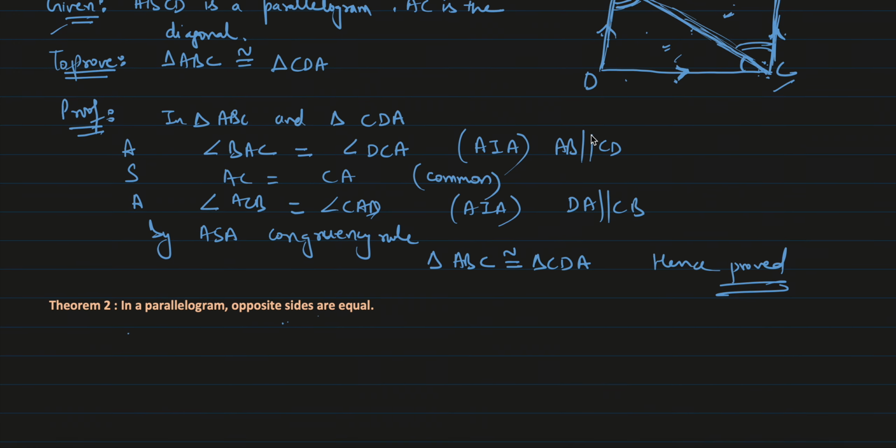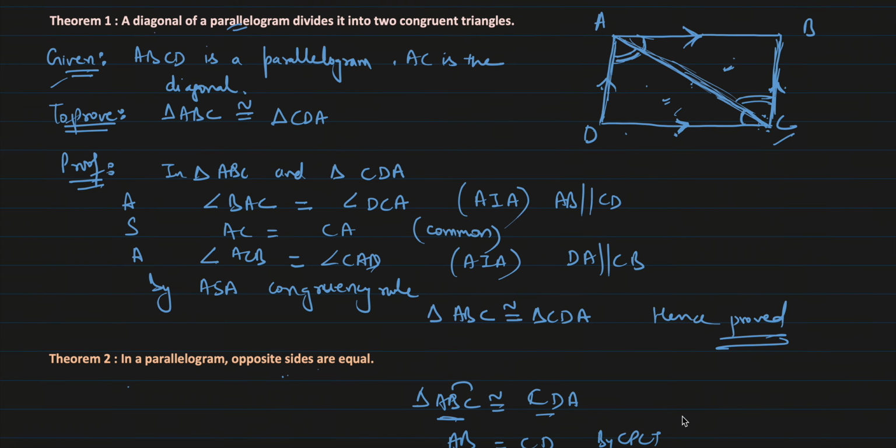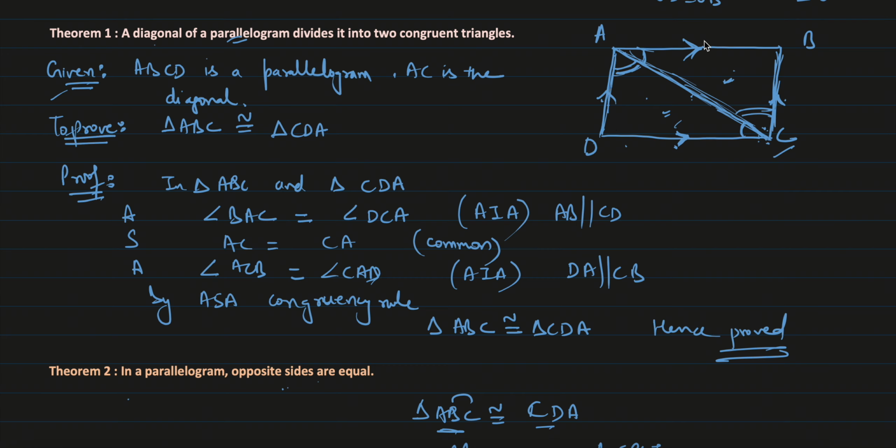Now when the two triangles are congruent, from the first theorem, I have ABC congruent to CDA. Now from this, what do I have? AB equals CD by CPCT. Yeah, students? And then BC also equals DA by CPCT. In the figure, AB we got equal to CD, BC we got equal to AD.